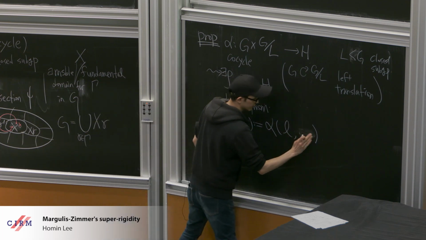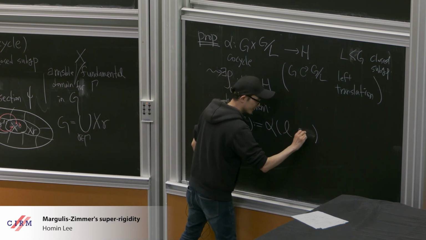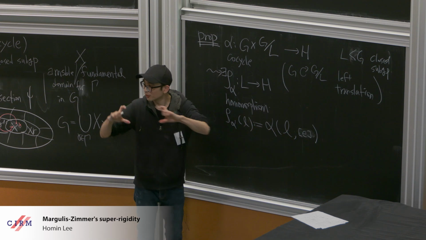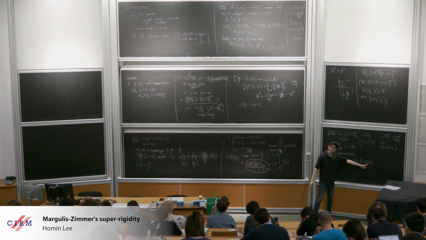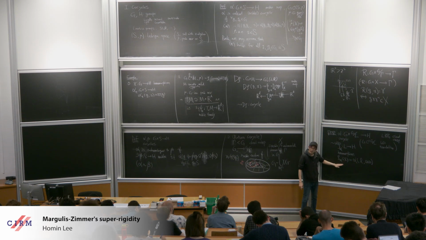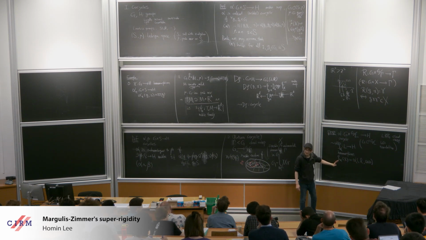I will use the bracket for the coset. So this is the identity coset, e is the identity. If you define it like this, then you can see that this is a homomorphism. You can check it.